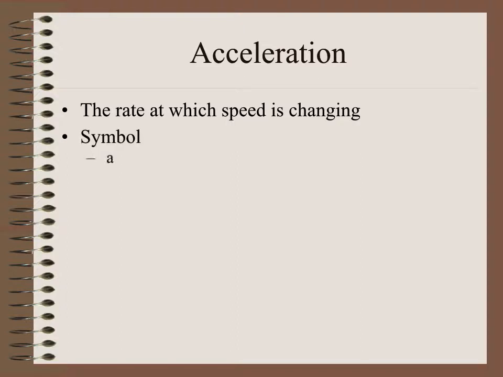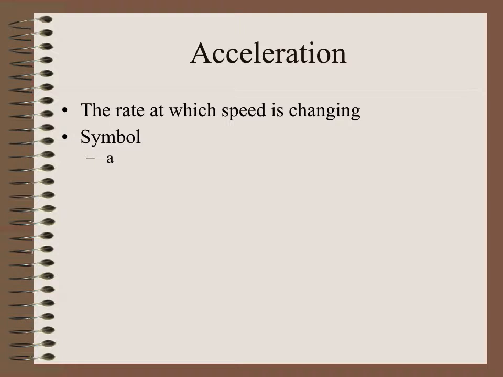The symbol is a lowercase a. Now, it's very important that you use a lowercase a, because a capital A is used for area. We only have 26 letters in our alphabet, 52 if we say capital and lowercase.